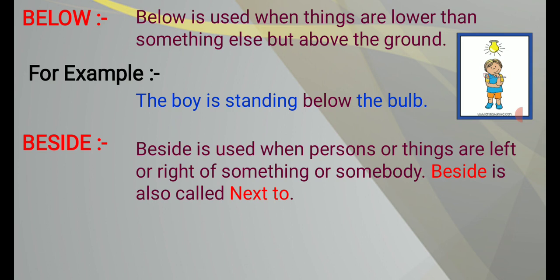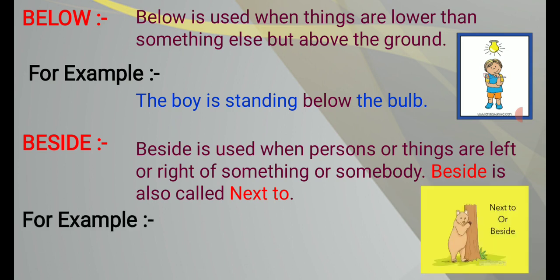It means that when the two objects are touching on one level, at that time we use on. But when the objects or persons are touching by left side or right side, at that time we use beside, or we can use next to. So let's see the picture and understand it.